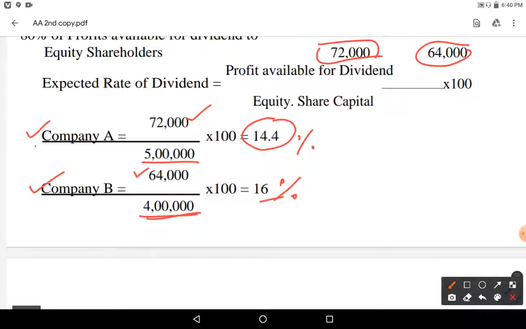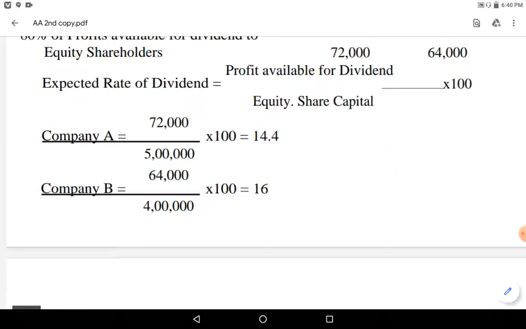We need to write percentages, because rate means we need to denote it in percentage. Next, this expected rate of dividend divided by NRR 15 into paid up value 10 rupees per share will give you value per share. Let us see that in the next step.